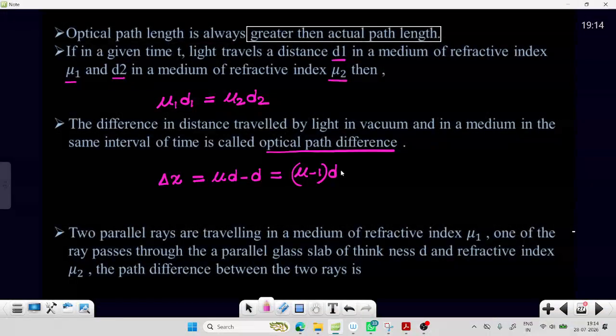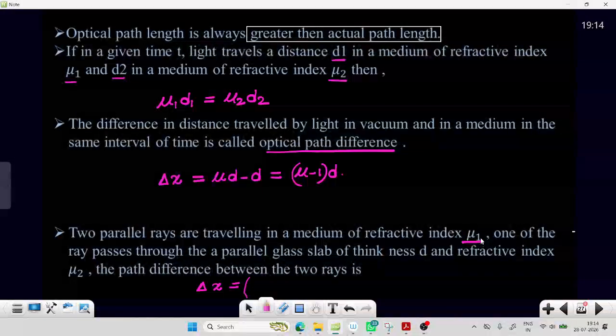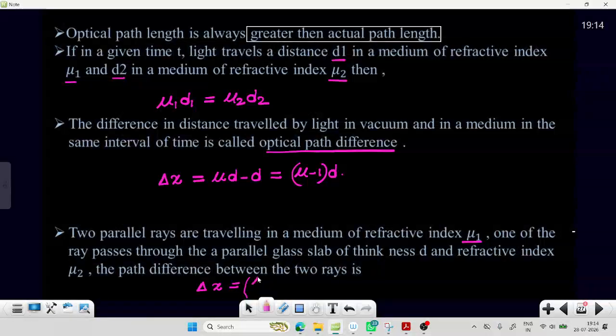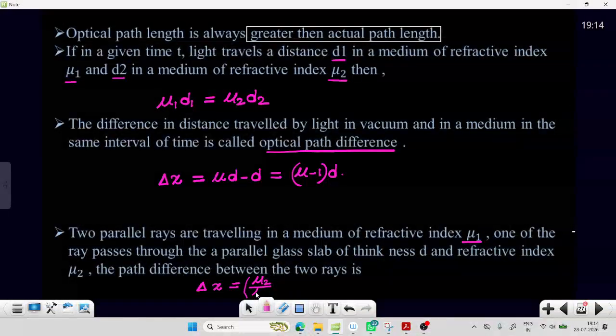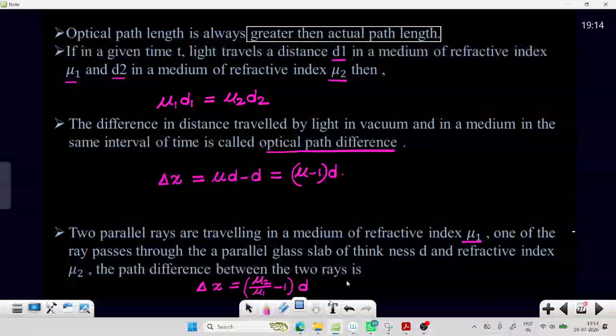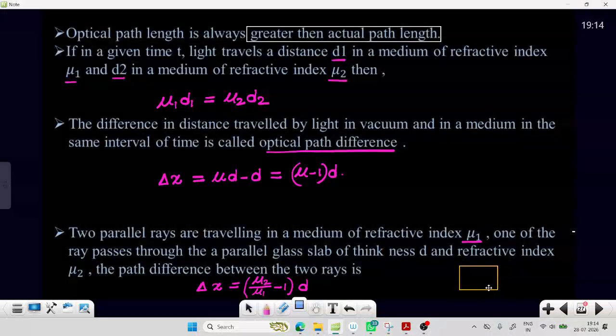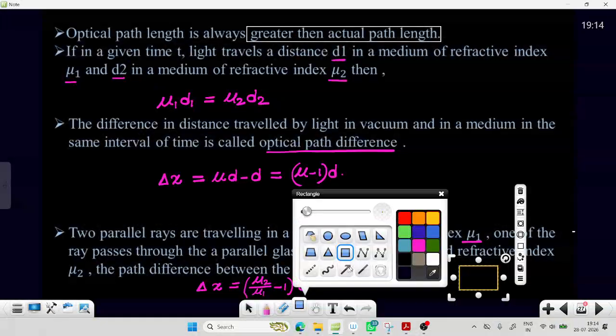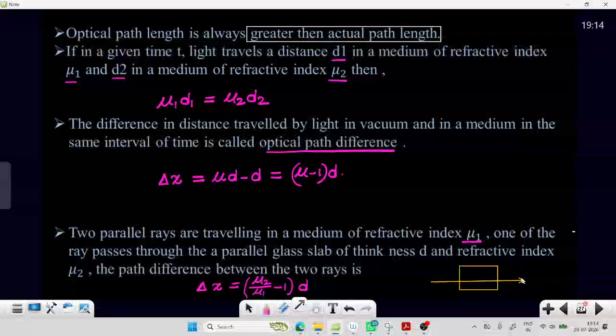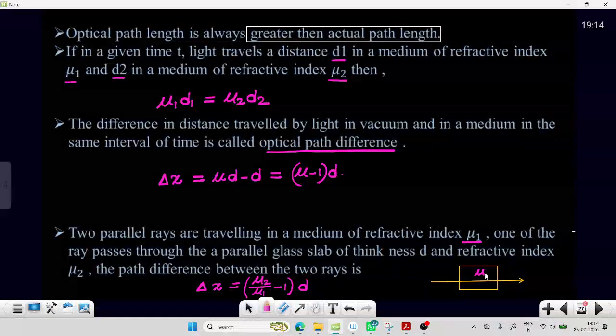If they are placed in two different media, in those cases the optical path difference delta x will be written as follows. The surrounding medium has refractive index mu1, and the light is traveling through a medium whose refractive index is mu2.